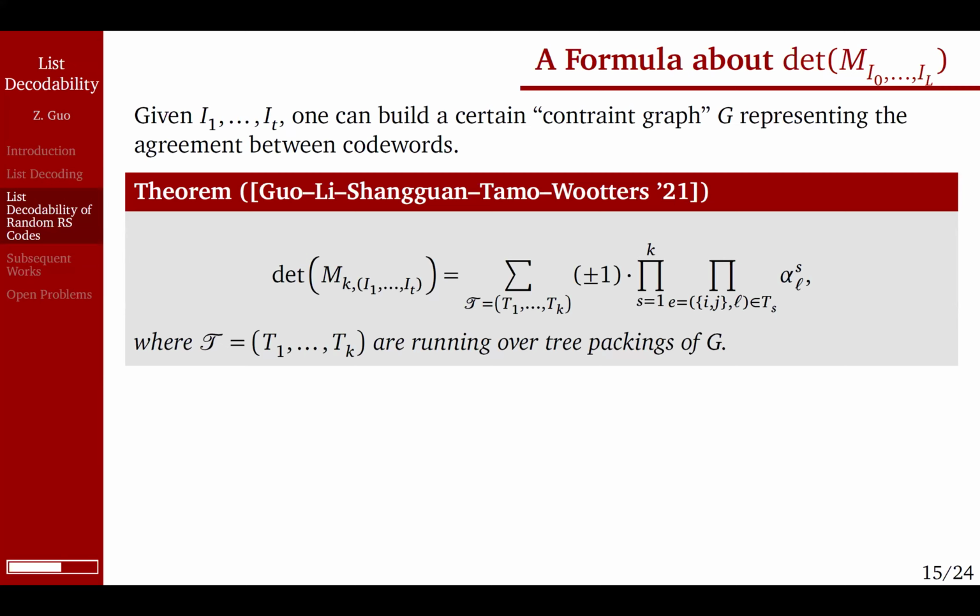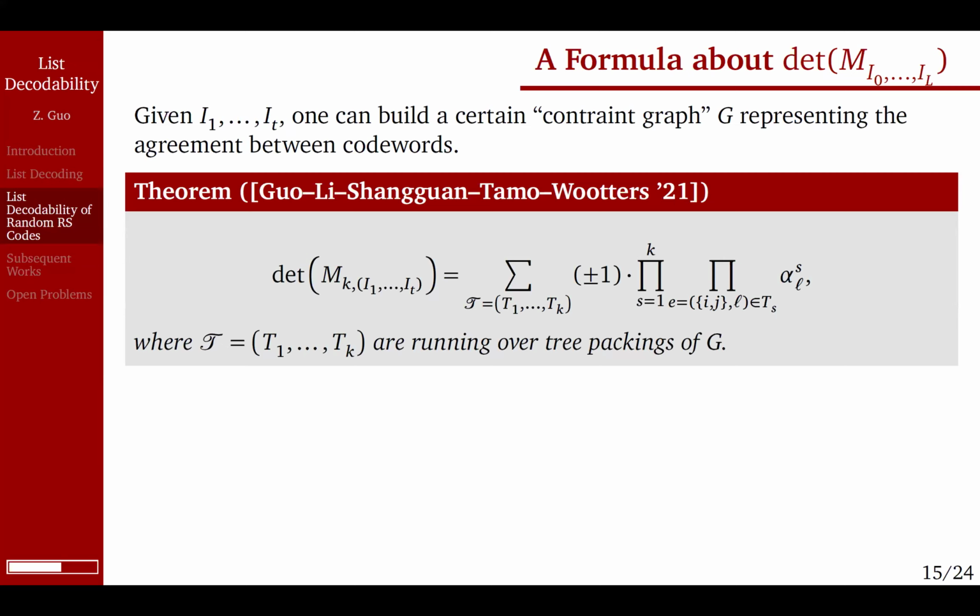Once you have this graph, which we can call the complete graph, then we show that this determinant can be written as the sum of monomials with plus or minus 1 coefficients. Each monomial comes from what we call a tree packing of the graph.